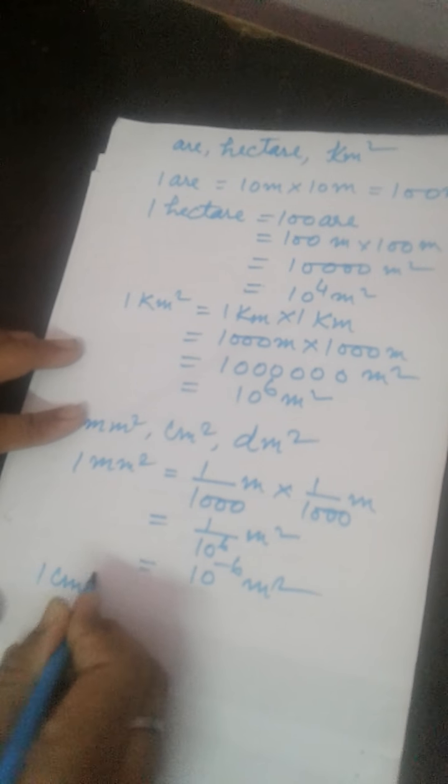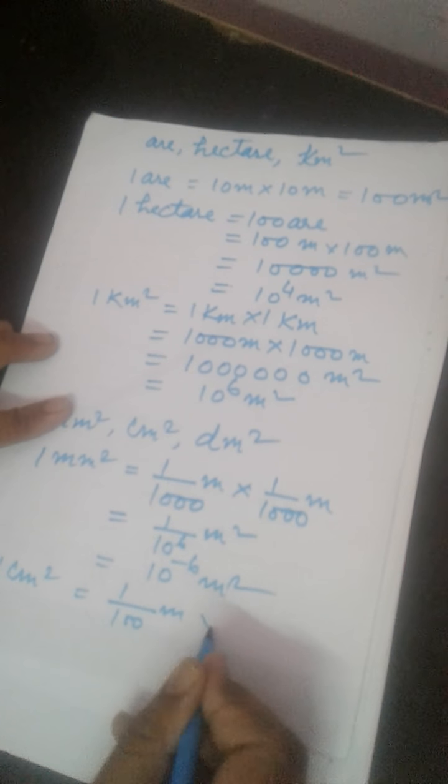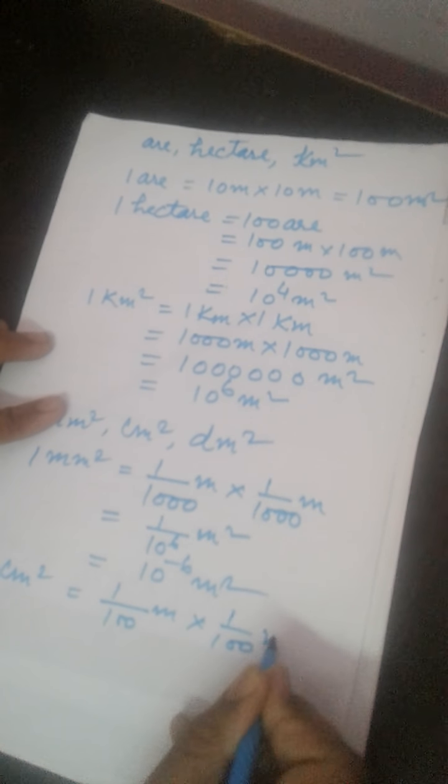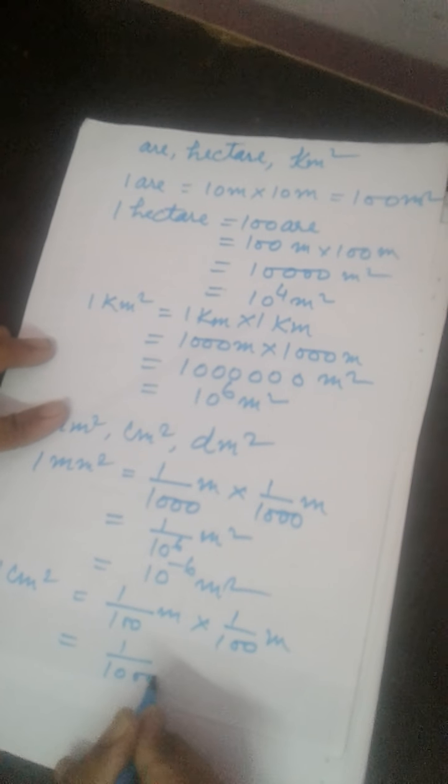Now 1 centimeter square equals to 1 upon 100 meter into 1 upon 100 meter, which is equal to 1 upon 10,000.